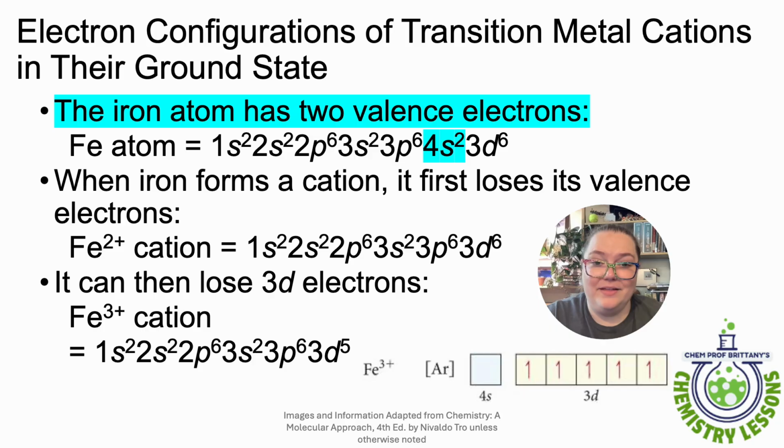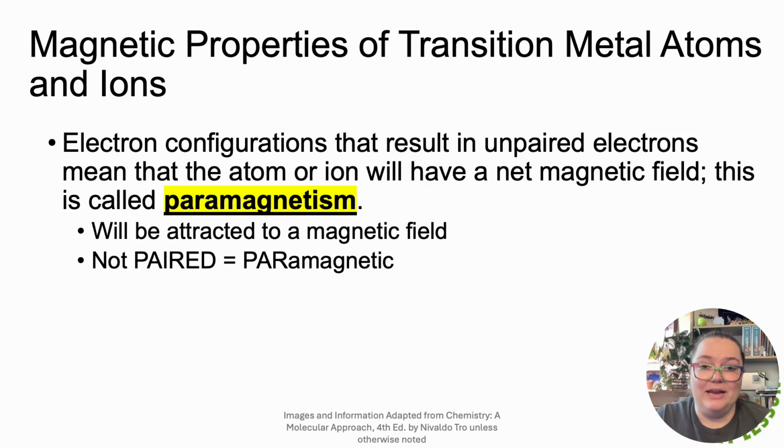This is where our conversation is going to shift to magnetism. All right, magnetic properties associated with our transition metals specifically have to do with the electron configuration and the orbital diagrams, right? Electron configurations that result in unpaired electrons mean that atom or ion has a net magnetic field.